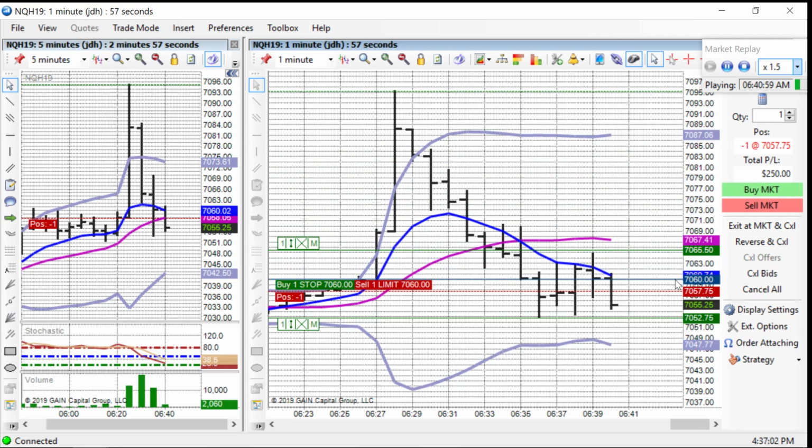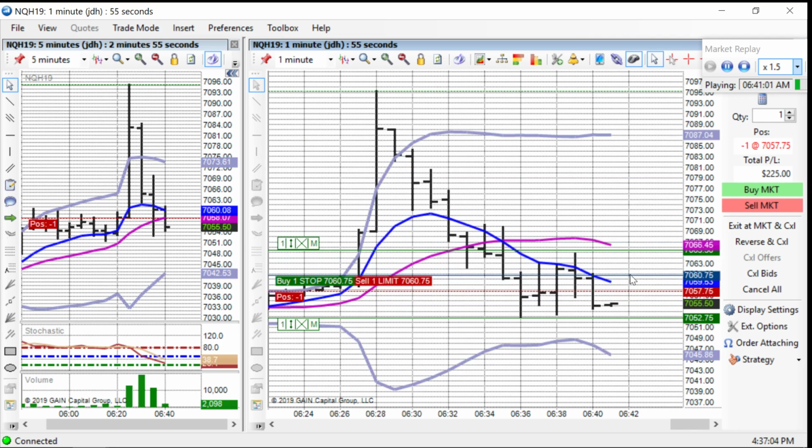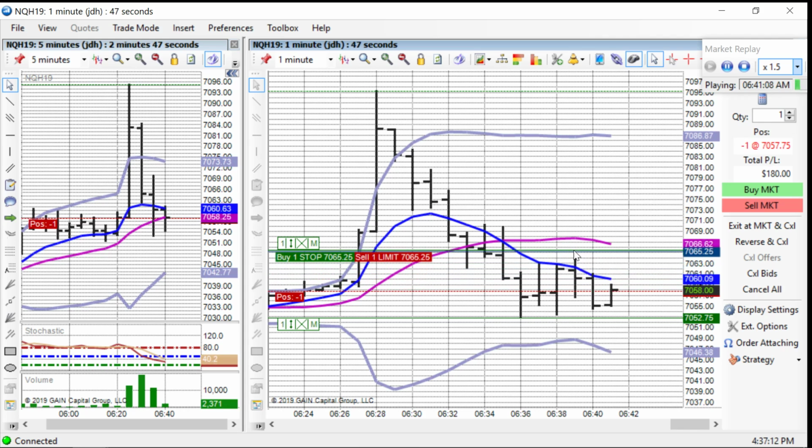But it looks like that number 3 point was valid, because this high point is lower than that number 3 point. So this also could be 1, 2, 3 low, and that's the kind of thing that gets you. That's the 1, 2, 3 bottom.